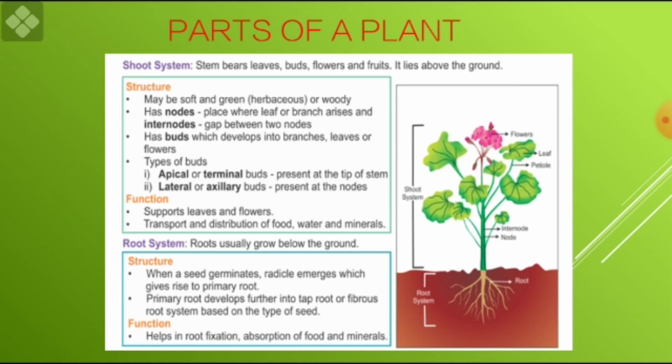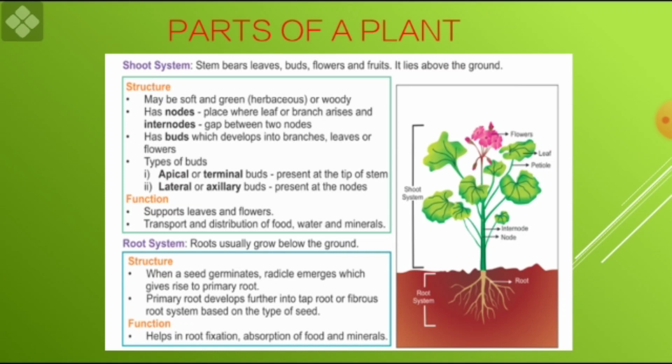Nodes are the place where the leaf or the branch arises. We have the internodes. Internodes are the gap between two nodes. We have the buds, which develop into branches, leaves or flowers. Types of buds: we have the apical bud and the lateral bud.